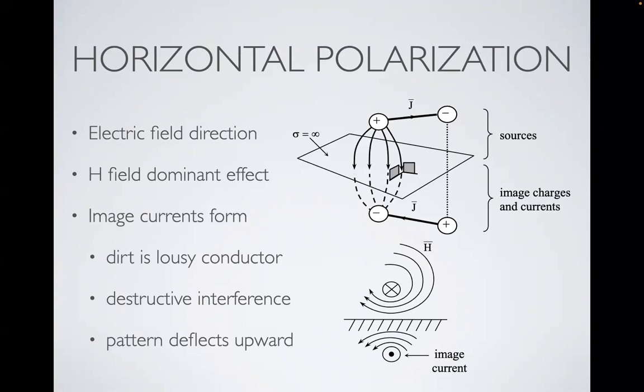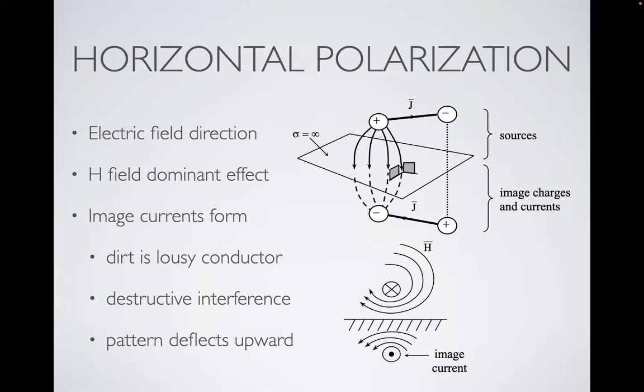There's no energy lost except the part that heats the dirt. But for the most part, this effect is pushing the pattern up by concentrating it at a higher elevation. When you get closer to the surface of the earth, those image currents are closer to one another, and that causes the pattern to shift up. And that's mostly by destructive interference, and constructive interference at the top.